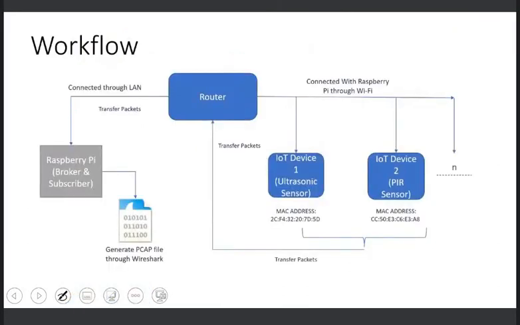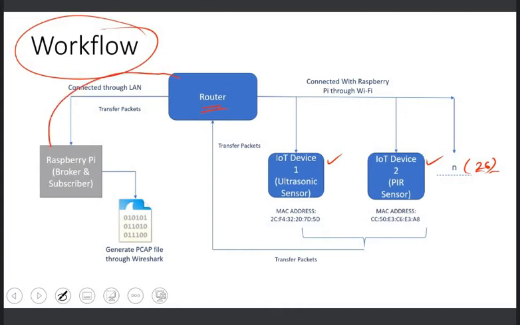Okay, so this is the overall workflow of my work. We are connecting multiple devices, say 26 devices, to my local router. That local router comes from the Raspberry Pi device.